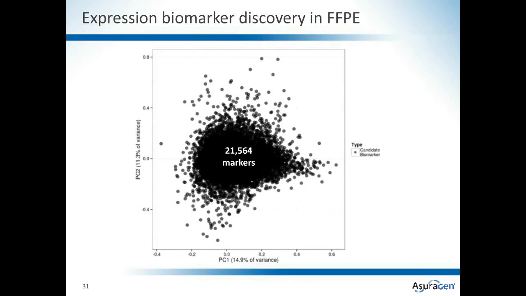We applied a variance filter to eliminate low variance potential biomarkers and arrived at a set of just over 21,000 candidate biomarkers to distinguish benign from malignant lesions.